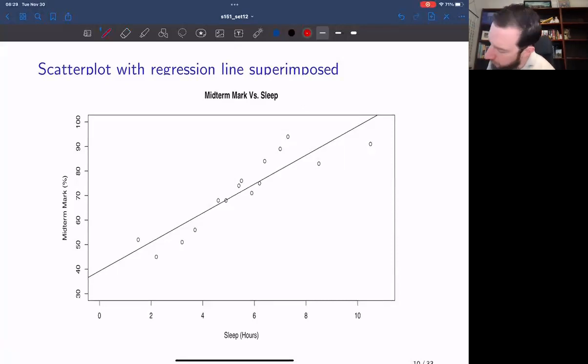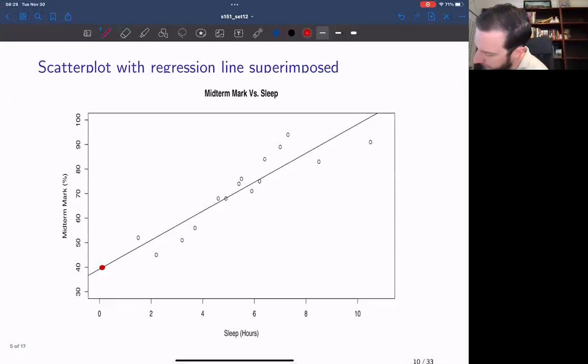Okay, so for example, we can use 0 and the y-intercept as one of the points. So for example, here, we would have 0, comma, b0, which is 0, comma, 39.221. So this would be one of the points that sits on the regression line.